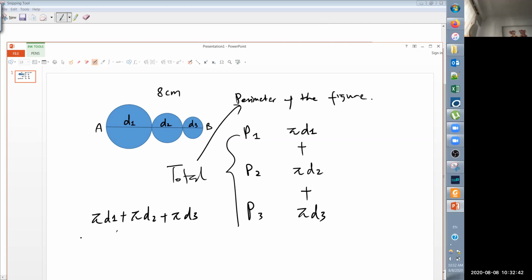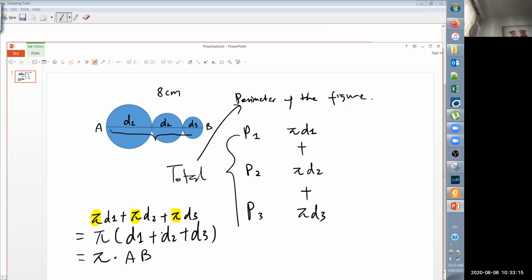By the way, there is a technique you need to learn. Can you see that each of them has a common factor, pi? So you can take out the common factor and you are left with d1 plus d2 plus d3. What you end up with is pi times AB, because d1 plus d2 plus d3 is actually AB here.